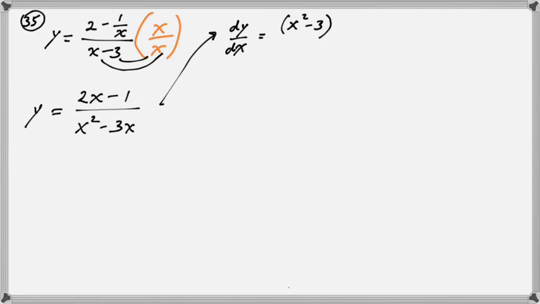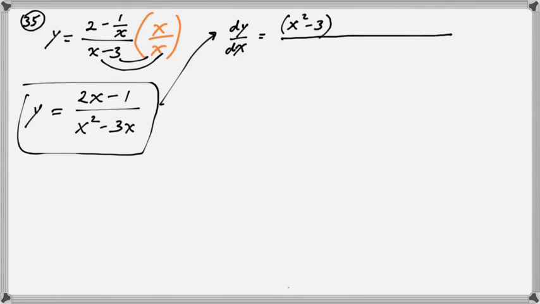So I multiplied this by x over x to get this, so it wasn't a fraction, a fraction. Now I'm going to do the quotient rule. The bottom times the derivative of the top minus the top times the derivative of the bottom, which appears to be 2x minus 3, all over the bottom squared.